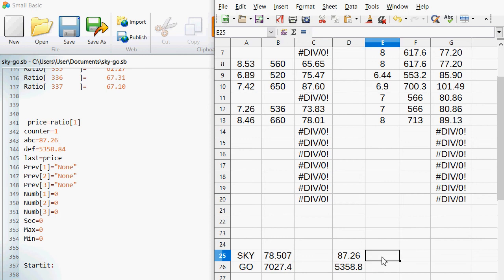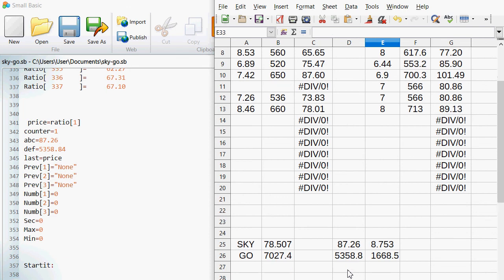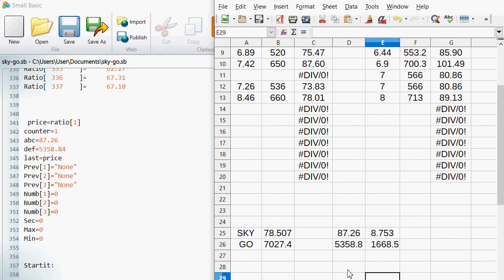So in net, I lost during the 2 weeks we've been playing the game. I would be down 8.753 of these coins. And in turn, I would have gained on the Go, 1,668.